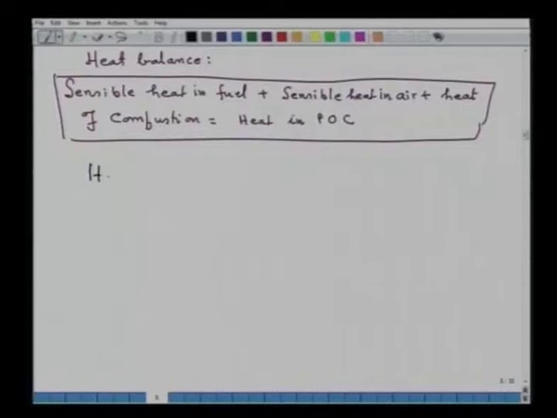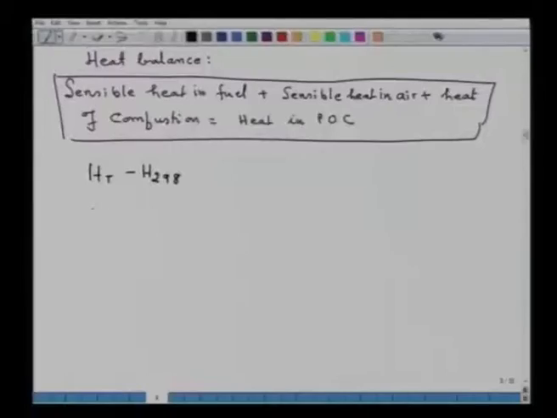Or, the other way around, you can take help of the heat content table, because the values of HT minus H298 are listed at several temperatures for different gases. Both ways can be done: you can either integrate Cp dT or take HT minus H298 values.